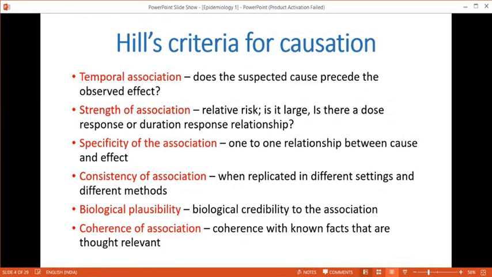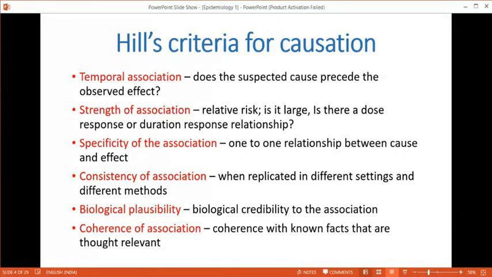So the suspected cause is exposure to the measles infected person. Similarly, where smoking causes lung cancer, the person should have been smoking to get lung cancer. So the suspected cause has to be there before the observed effect. And if it happens, it can be incidental also.